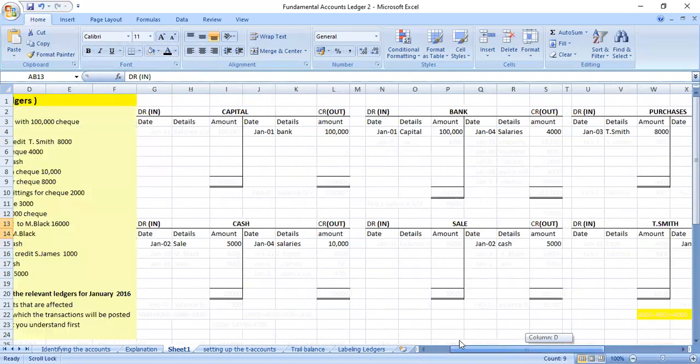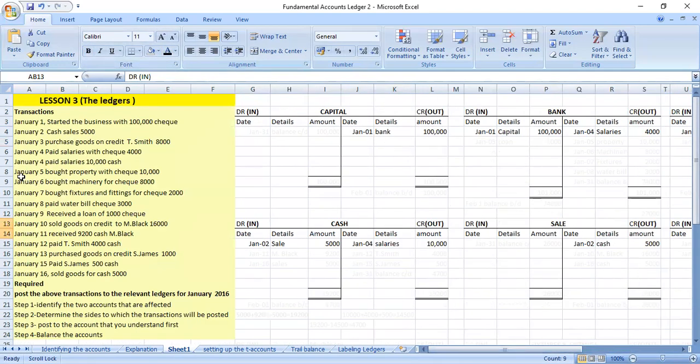Okay, let us look back at the transaction now. It says January 5th, bought property with check. So it means that the money is coming out of the bank account. On January 5th, we spent $10,000. What did we use the money to do? Buy a piece of property.